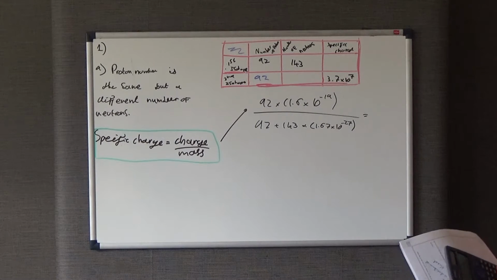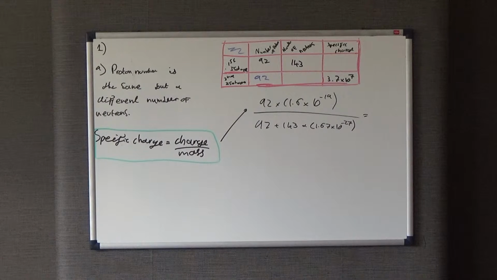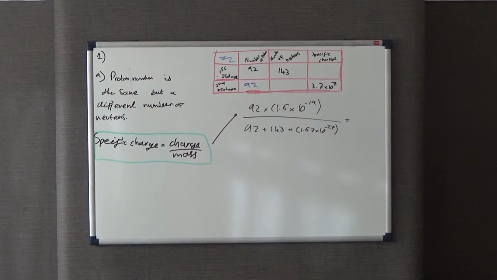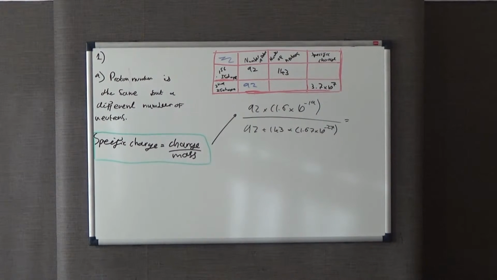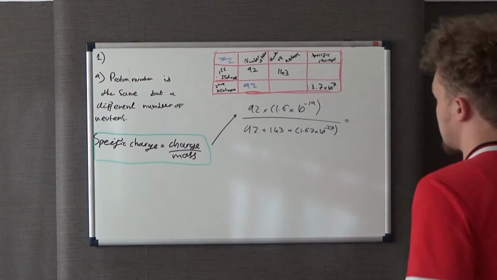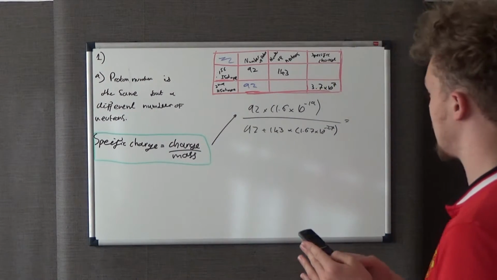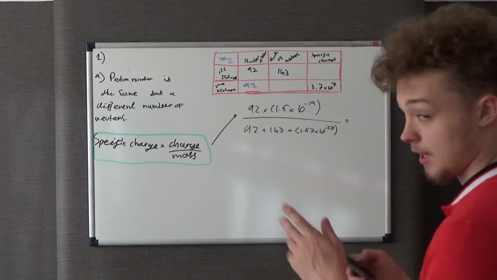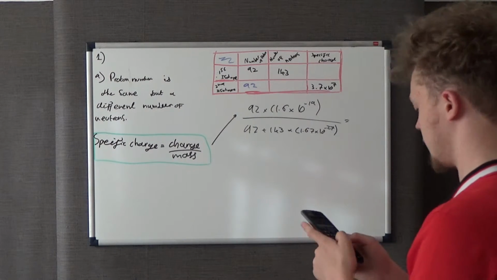Sorry, one sec. That's not the best, is it? Sorry about that. Yeah, so as I say, it's just subbing the numbers into your calculator. Sorry. Okay, so it's obviously your 92. I'm sorry, I just had to go and do something.